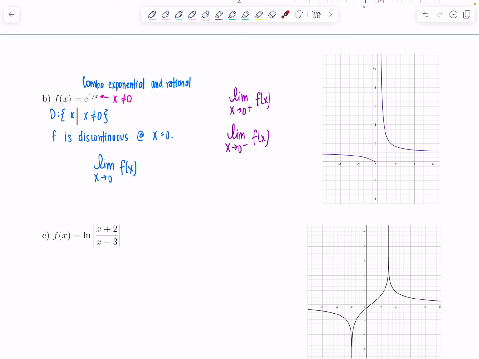So from the right, imagine you're walking on the graph, you can see it's going up to positive infinity. And then from the left, oh, no asymptote, you're approaching 0. Well, clearly they're still not equal to each other. So the limit as x approaches 0 of f of x does not exist.